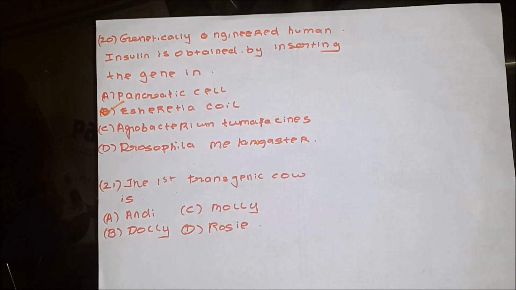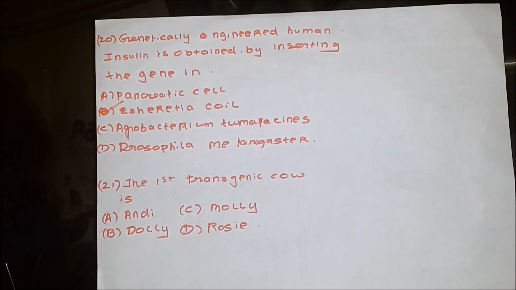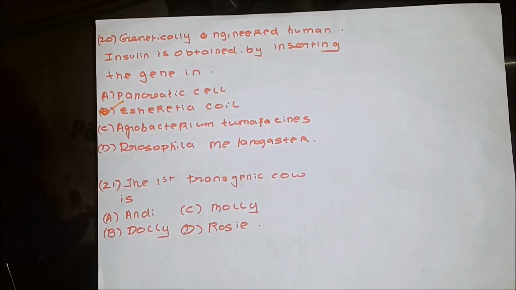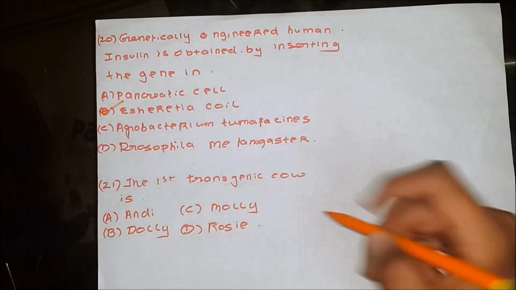The first transgenic cow is, our options are A. Andy, B. Dolly, C. Molly, and D. Rosie. In 97, the first transgenic cow was Rosie, who produced human protein enriched milk, which was around 2.4 grams per liter. The milk contained a protein called alpha lactalbumin. I'll just write it down.